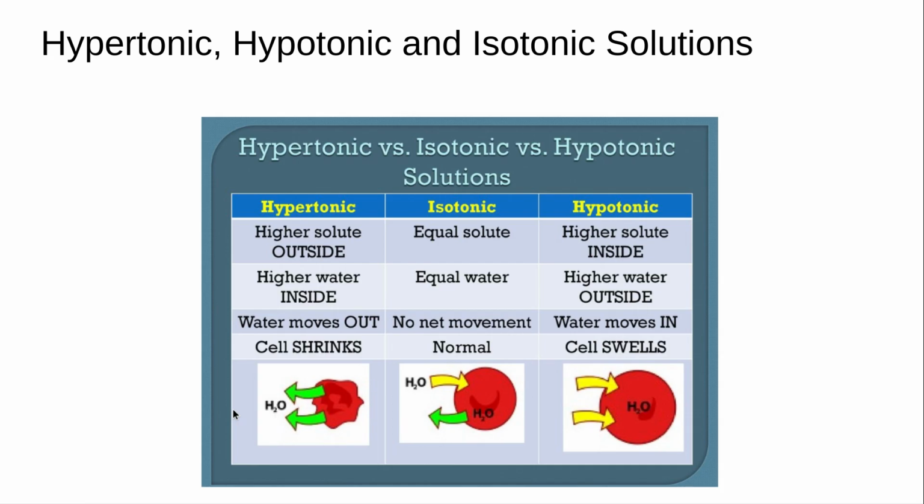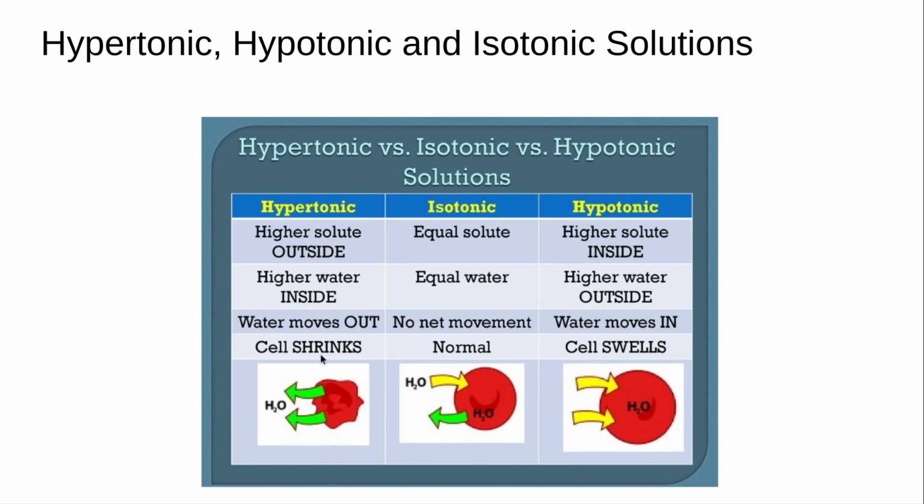What we need to remember is that when we talk about tonicities, we always talk in relation to something else. If I take a solution and there are more solutes in that solution compared to the cell that I put inside, then that solution is hypertonic, which means more solutes compared to the cell.